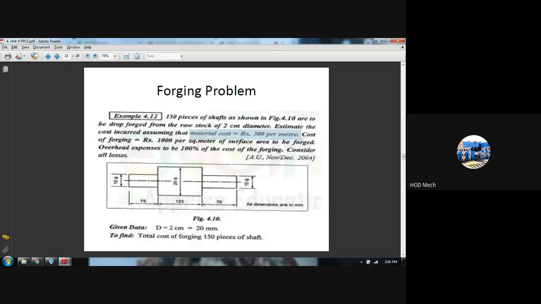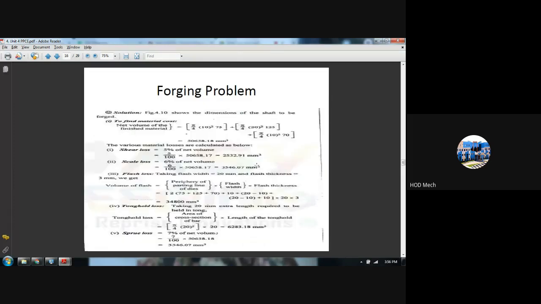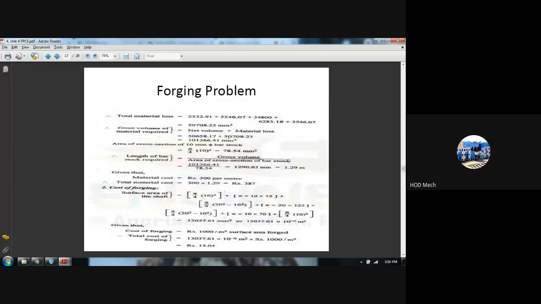Material cost is equal to rupees 300 per meter. எனக்கு லென்த் கிடைச்சிருச்சா? 1.29 meter length I got it. So 1.29 into 300, I am getting 387. So for manufacturing one shaft I am getting a total expenditure of rupees 387 only for material, procuring the material.